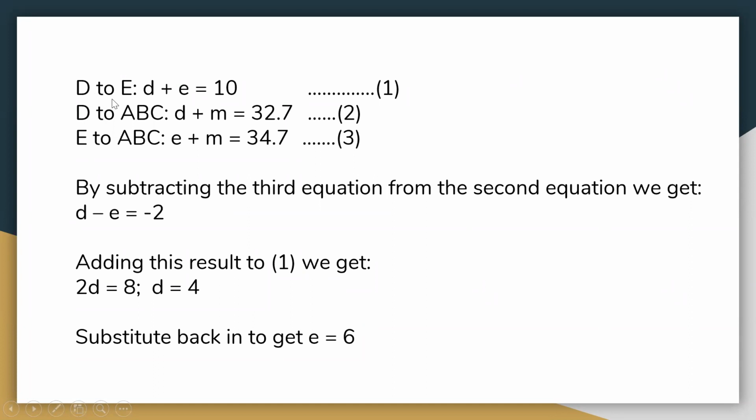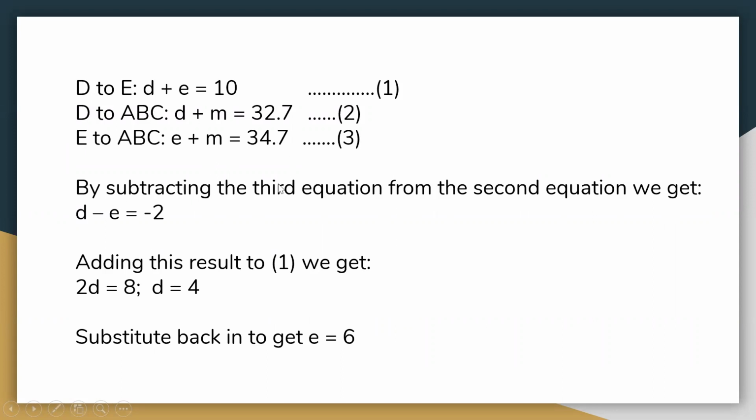Using algorithm method, we can form 3 equations from the previous table, which is the distance D to E is D plus E equals to 10. And then the second equation, D to ABC, which is D plus M equals to 32.7. And the third equation, E to ABC, which is E plus M equals to 34.7.